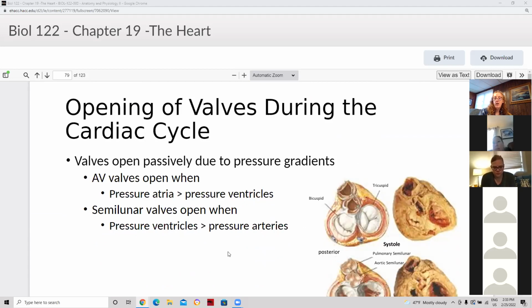The semilunar valves are going to open when the pressure in the ventricles exceeds that of the arteries. It's just when the pressure is exceeded in the area that the valve leads into, they're going to close.